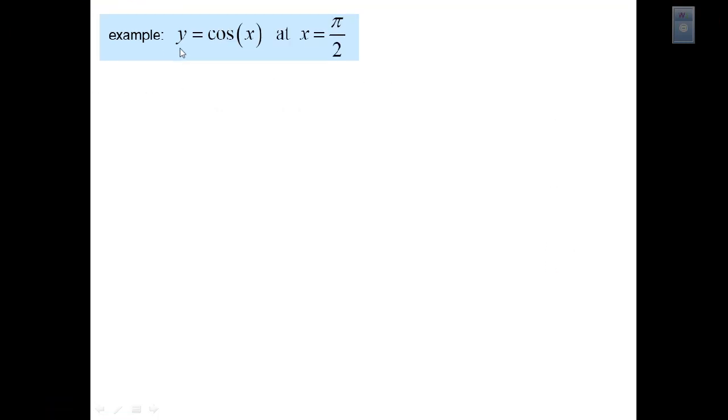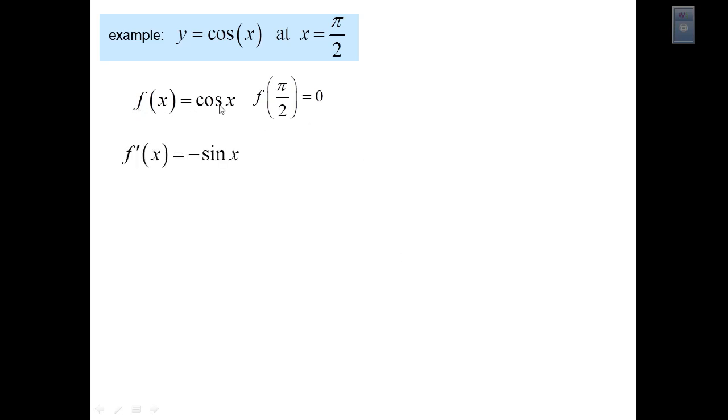All right, so what about the cosine of x, approximating at x equals pi over 2? We're still going to do the exact same thing: find all those derivatives that we need and their values at the different points.